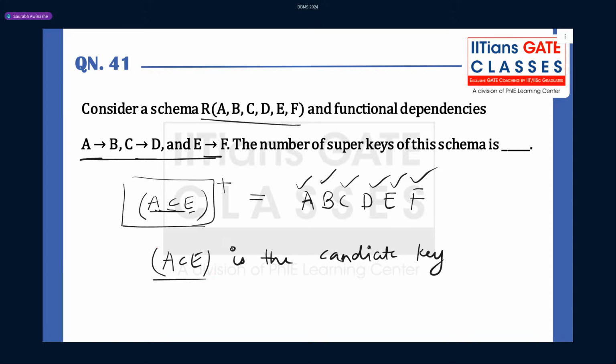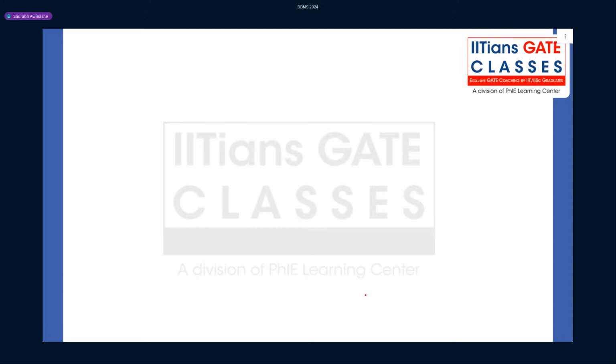Now the super keys would be all the supersets of this from the given relation. So we have ACE itself as one of the super keys. We can have ABCE, we can have ACDE, and so on, right? So we have ACE on one side, and we have three options, each of which can be or cannot be present.